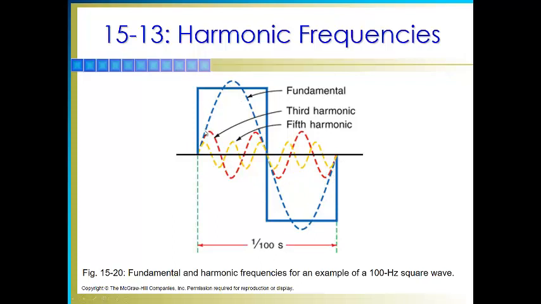Obviously the periods here are different. This is the period for the fundamental. From here to here will be the period for the third harmonic, and from here to here will be the period for the fifth harmonic, okay? Fundamentals and harmonic frequency, for an example of 100 hertz, is shown in this picture.